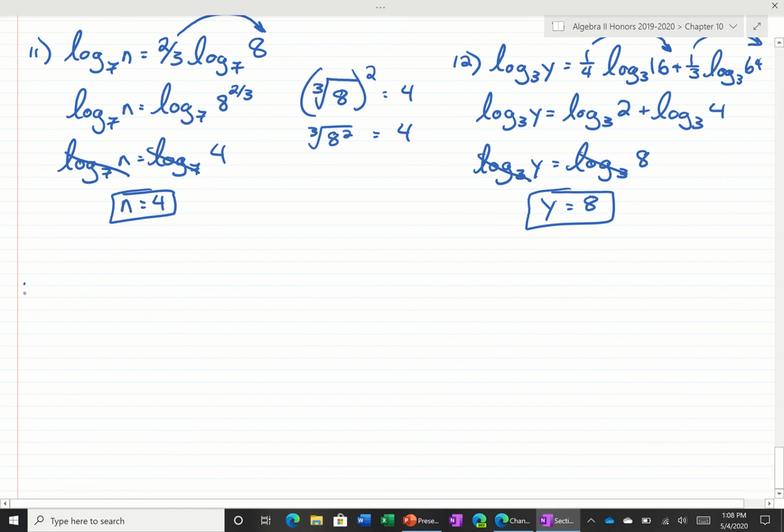Problem number 13. It says that the log base 9 of 3u plus 14 minus the log base 9 of 5 is equal to the log base 9 of 2u. So let's use our quotient property here.